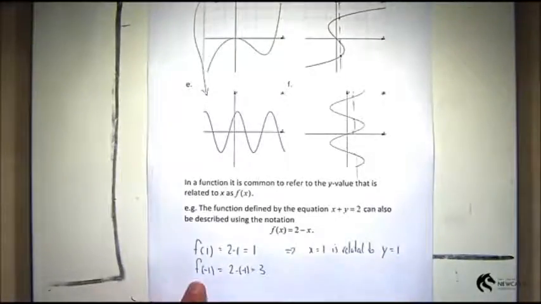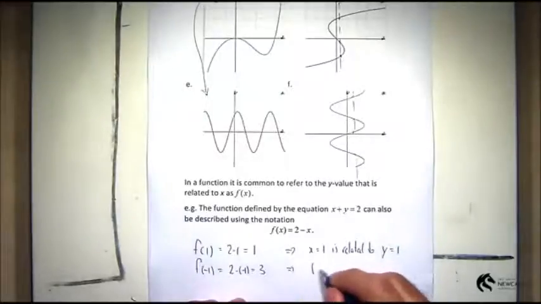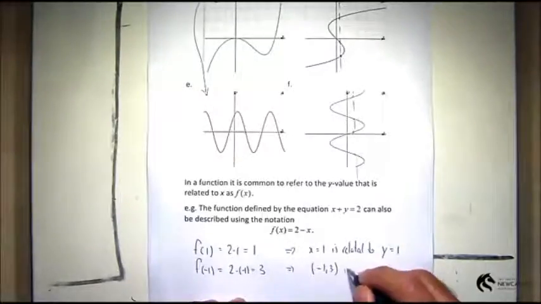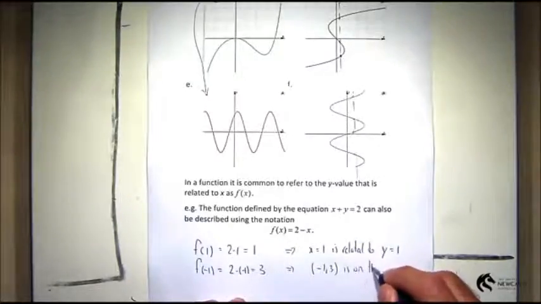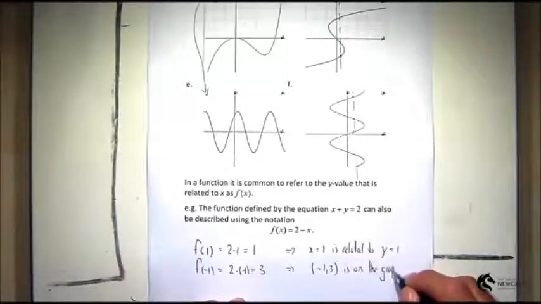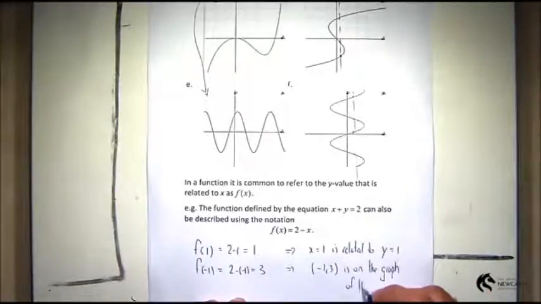So I say f of minus 1 is 3. That means I can interpret that the point (minus 1, 3) is on the graph. That's another interpretation. It's on the graph of this function.